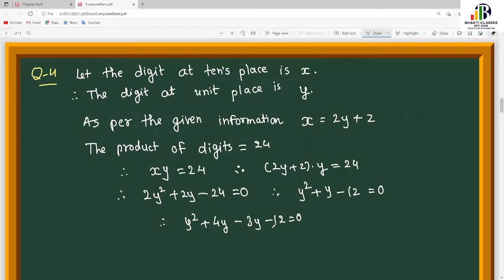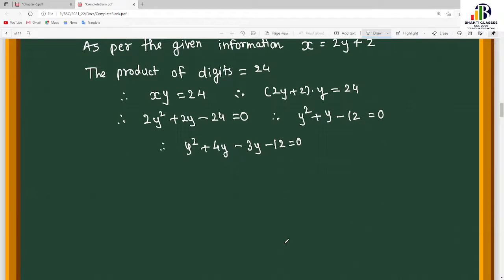We have made the factors of 12 and we got two factors: 4 threes are 12, and 4 minus 3 gives us plus 1, which is the middle term. So here we have done the splitting of the middle term. We will find the solution by using the method of factorization.